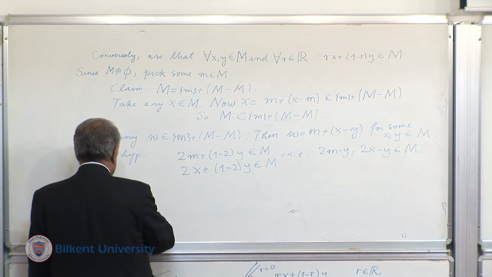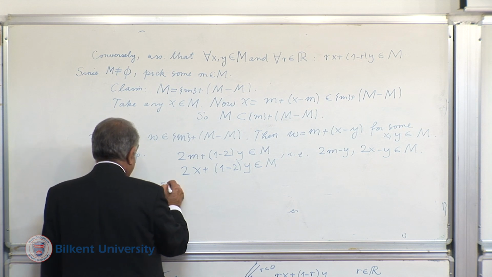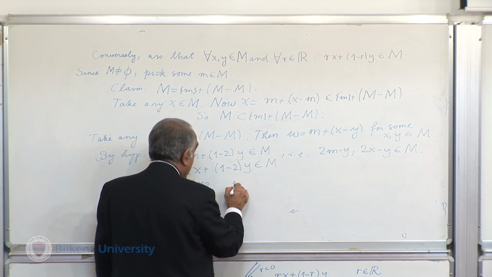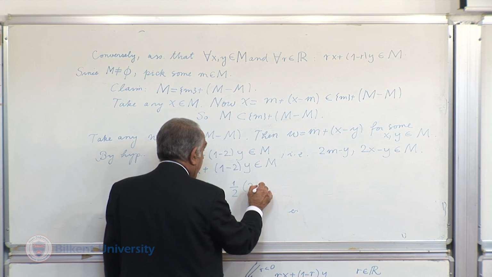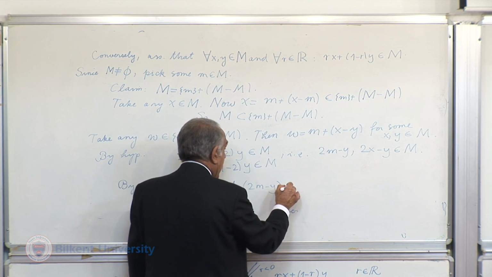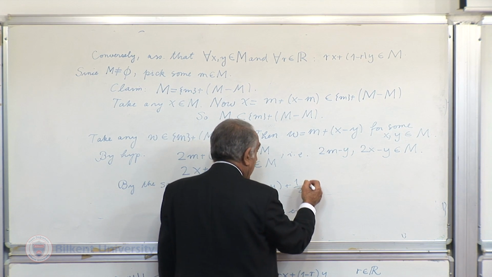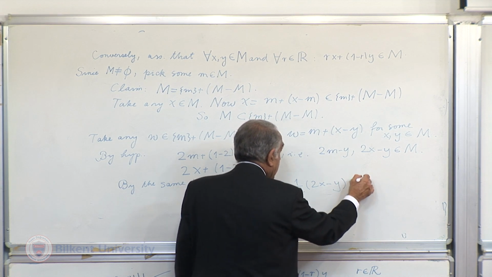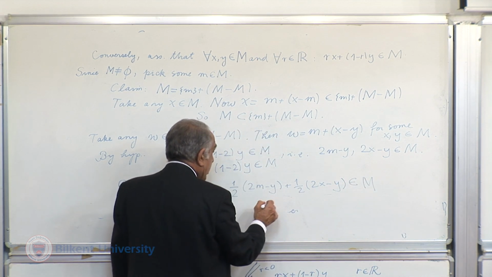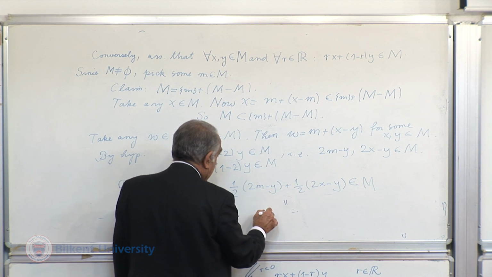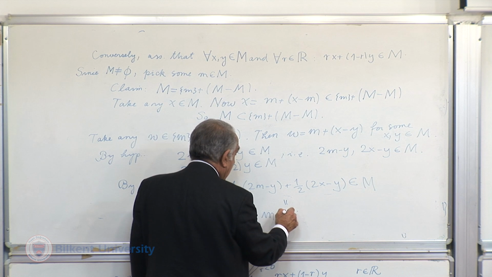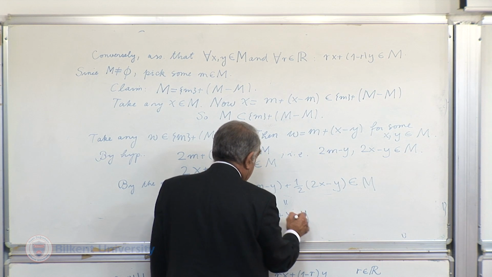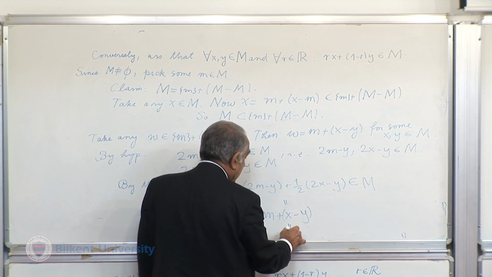By the same hypothesis, one half 2m minus y plus 1 minus r, which is 1/2 again, 2x minus y, belongs to M. But so this is m, this is plus x, and here we have minus 1/2 y minus 1/2 y, but this is nothing but w.